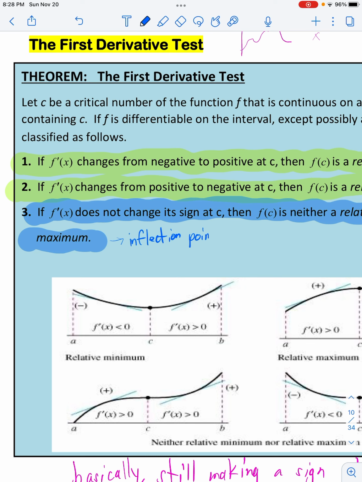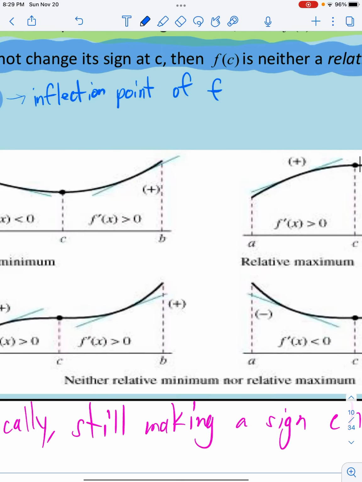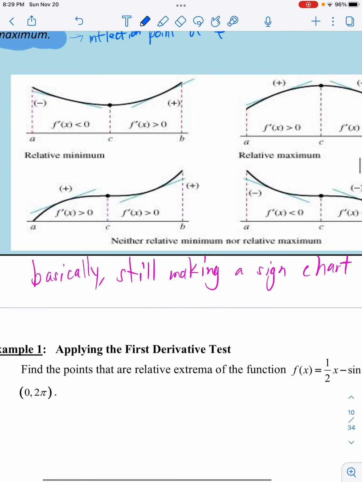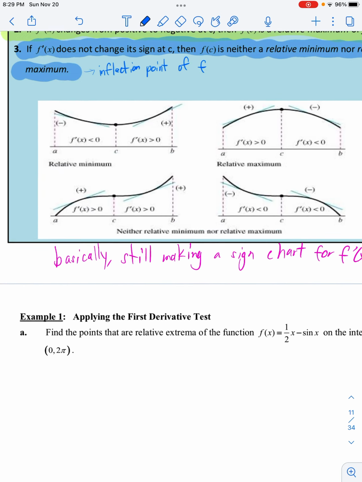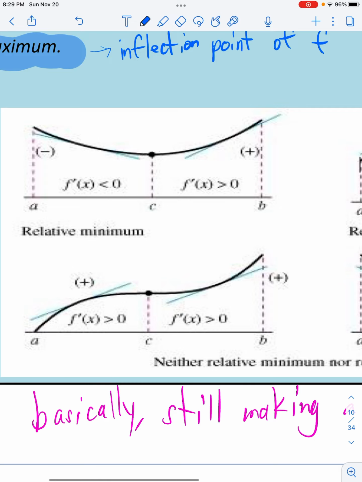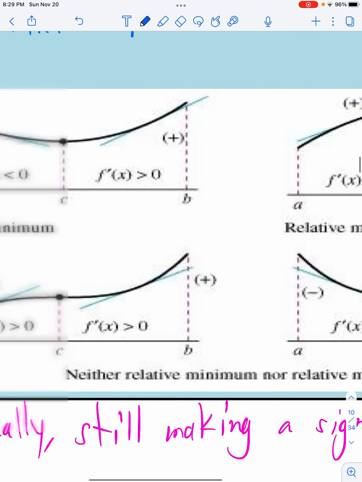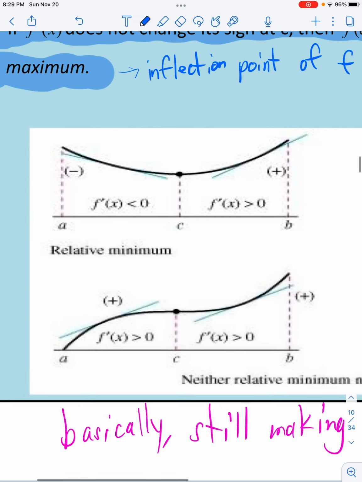In multivariable calculus, they're called saddle points. They don't look like saddles in single variable calculus, because you can't have a saddle in one dimension or 2 dimensions. But here we go. Here's a relative minimum. This is what a relative minimum looks like, just a little mountain valley.